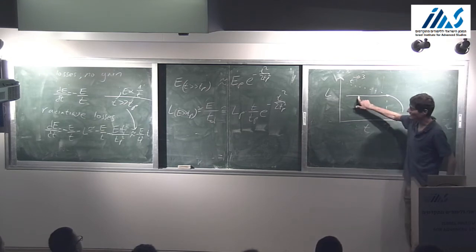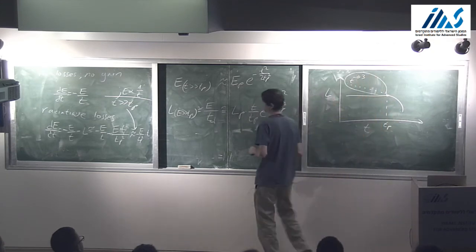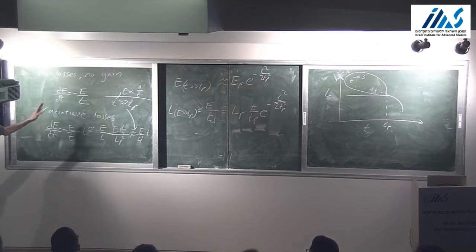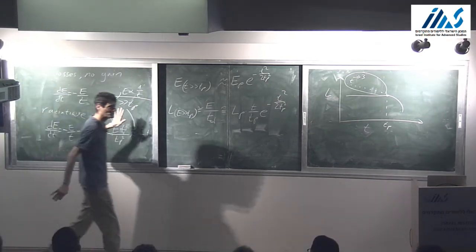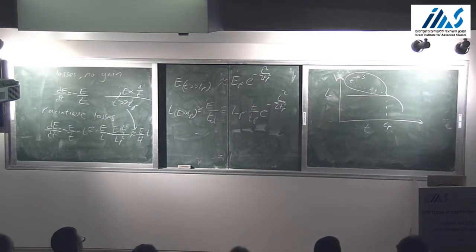So this constant I can get both ways. This part I cannot get with this formalism at all. I will never be able to, at least maybe someone can. I do not see how I can use this formalism to get what happens before T peak to the next level.